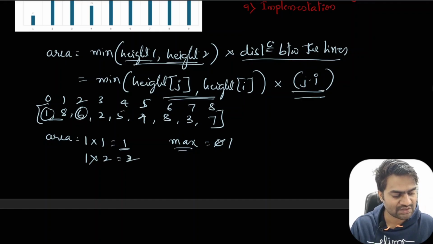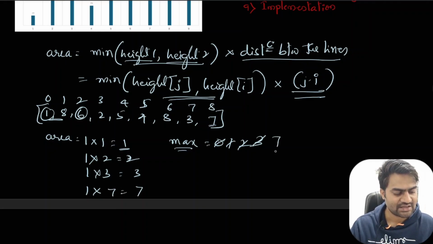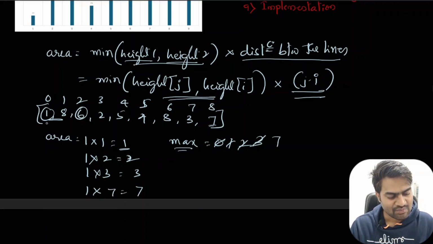So it becomes 2, then I will update this with 2. Then with the next value it becomes 3, then I'll update this with 3, and so on. For the last value it is something like 1 into the distance is 7, so max will be 7. So this is by comparing with this particular first value.